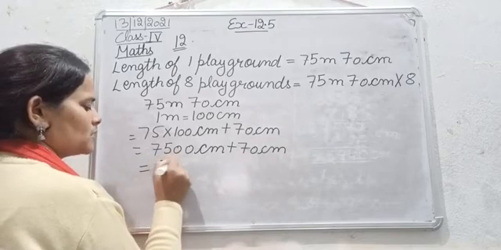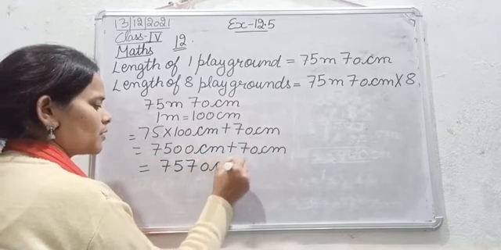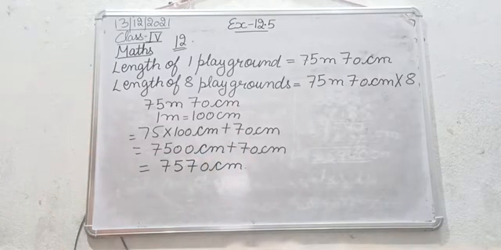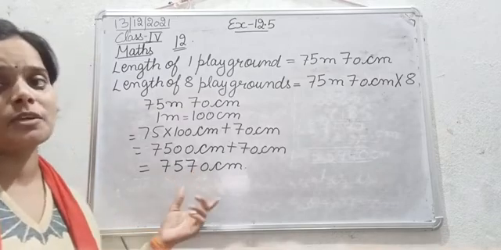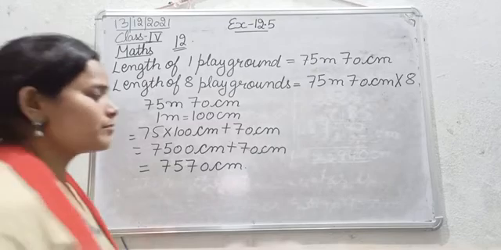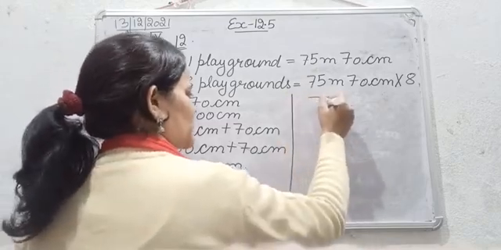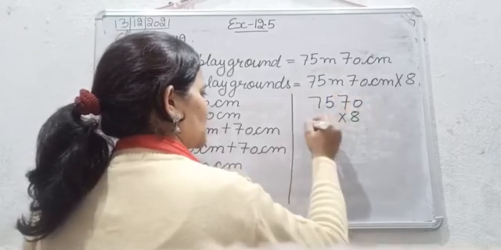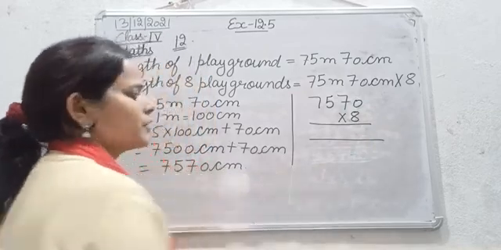This is 7,570 centimeter. So this is the conversion that we have got, that is 7,570 centimeter, which is the measurement of one playground. Let's find out the measurement of 8. So 7,570 centimeter will be multiplied with 8 so that we can get the measurement of 8.